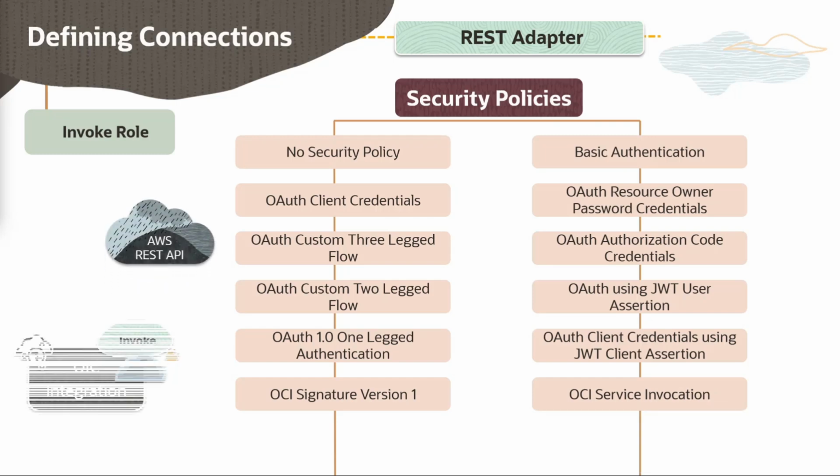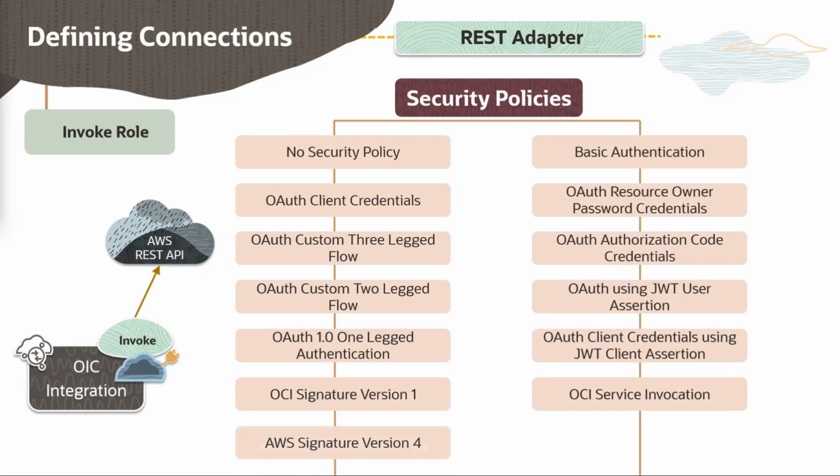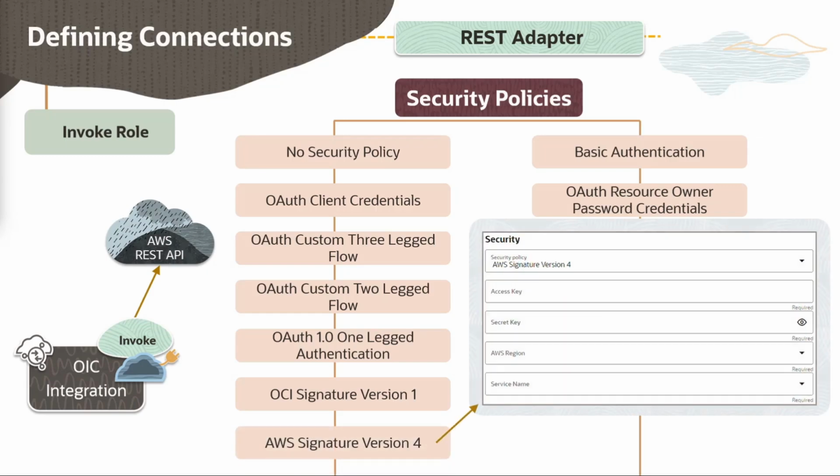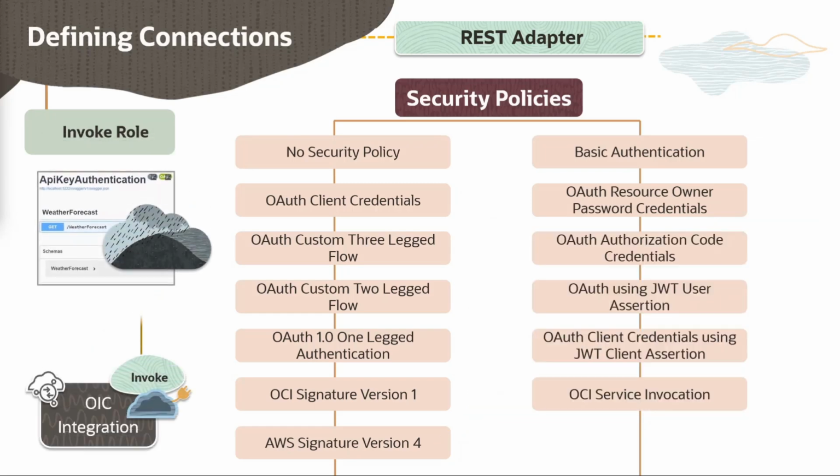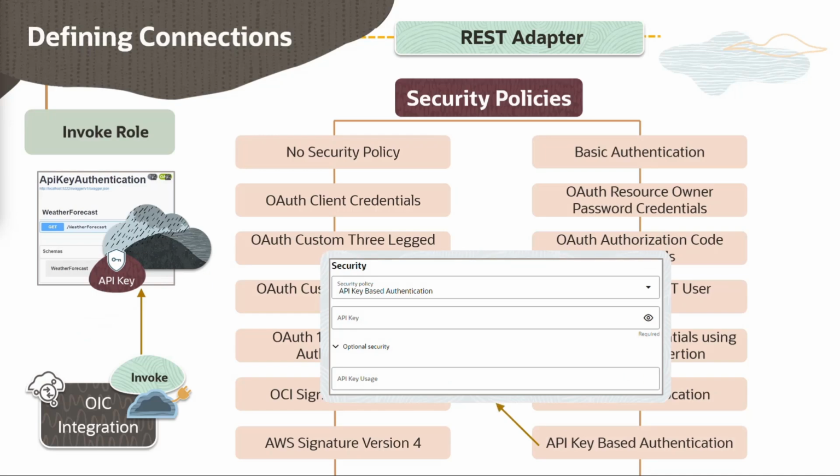In the case of Amazon Web Service APIs, you specify AWS security credentials and other required fields such as the AWS region using this security policy. And for many other third-party web services that use paid subscriptions, this basic API key-based authentication policy can be used.